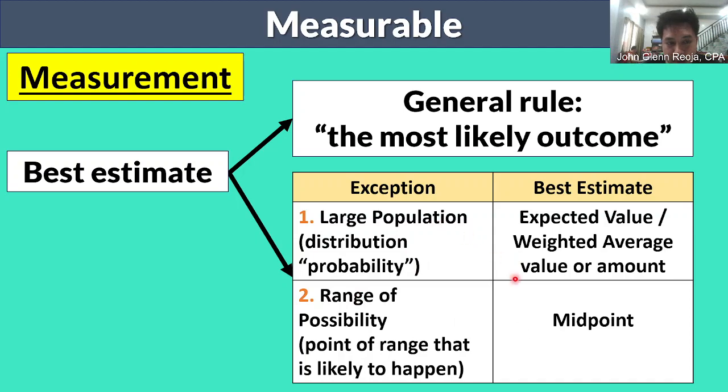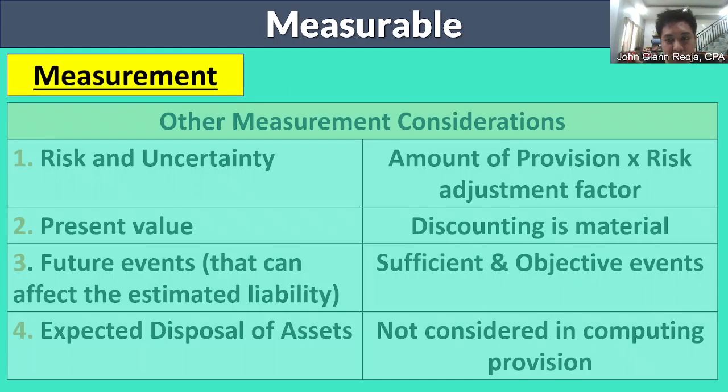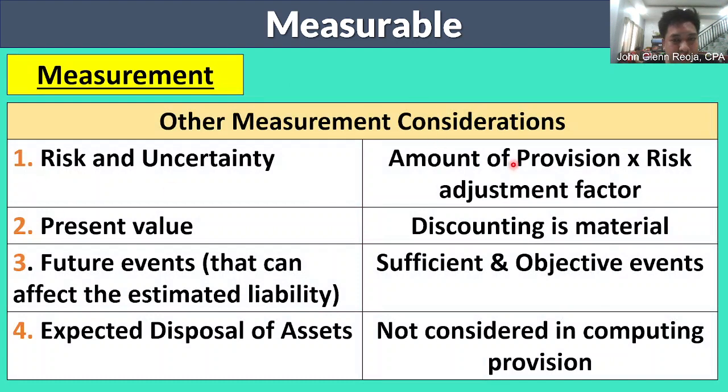Again, this is separate computations. And then other measurement considerations, yung mga risk and uncertainty, may involvement ng risk adjustment factor, or pag material is may discounting, the discounting is material, you use present value. Then pag may future events, so sufficient and objective events, then expected disposal of assets is not considered in computing provision.